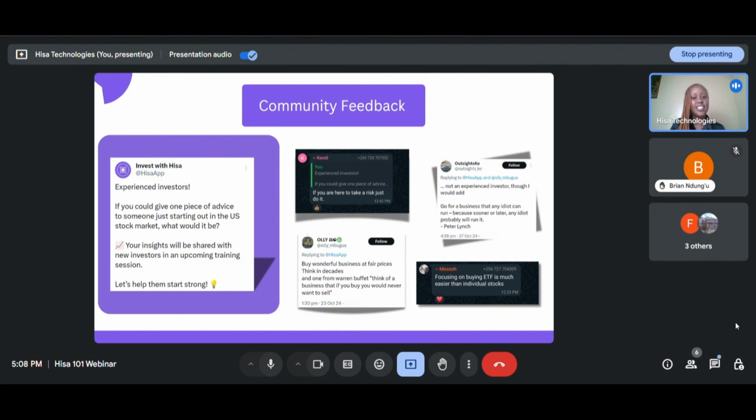Outside KE said that he or she may not be an experienced investor, but what they have for us is: go for businesses that any idiot can run, because sooner or later any idiot probably will run it. Yes. So this is a quote by Peter Lynch, who is a very experienced investor, specifically in the US stock market.